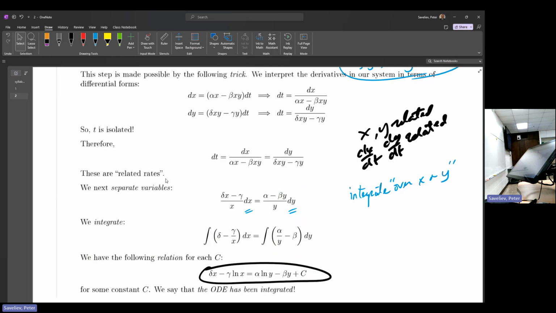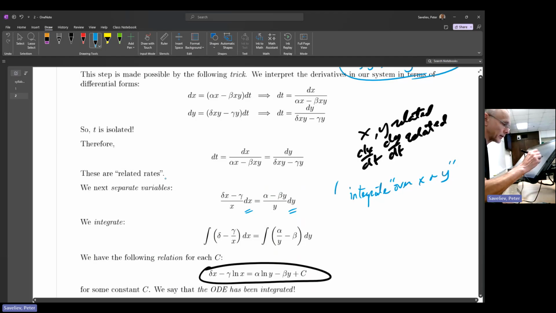Okay, and then what we have here is a step that we are very happy to observe: there is no differentiation left. So that's when we say that the differential equation has been integrated. Derivatives have been eliminated, even though the equation has not been truly solved, because remember, what is the meaning of solution?